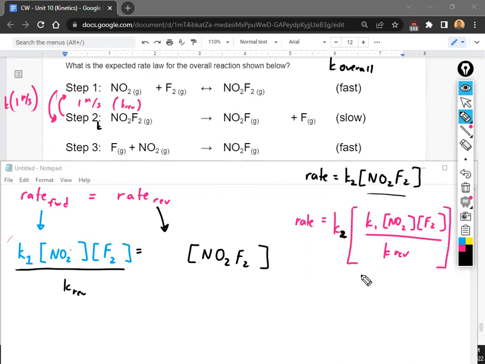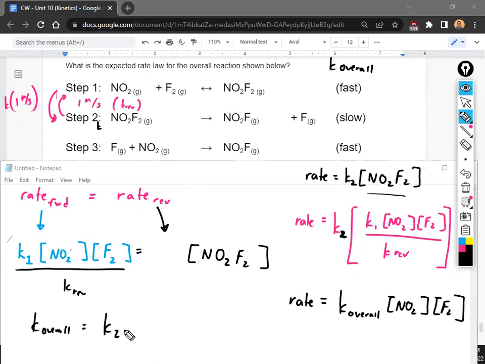Okay, and so what we're gonna do here is write the rate like this. The rate is K overall times the concentration of NO2 times the concentration of F2. And this will be the rate law for the overall reaction. We'll do this with the understanding that K overall is equal to the rate constant for step 2 times K1 divided by K reverse of 1.